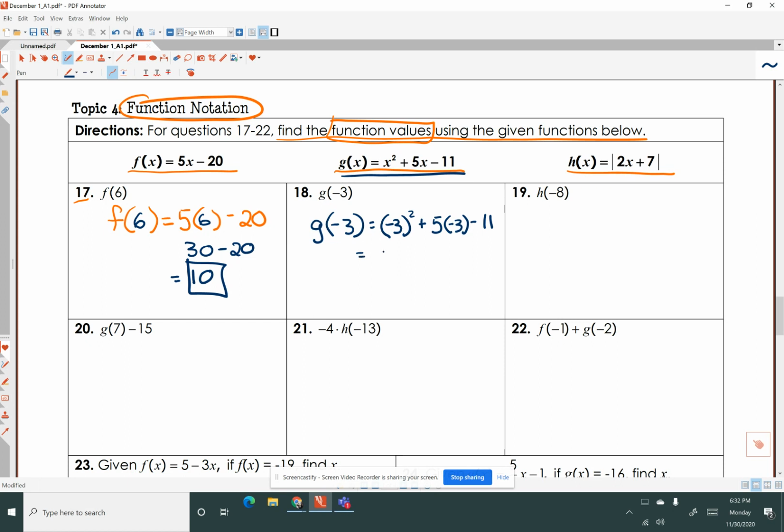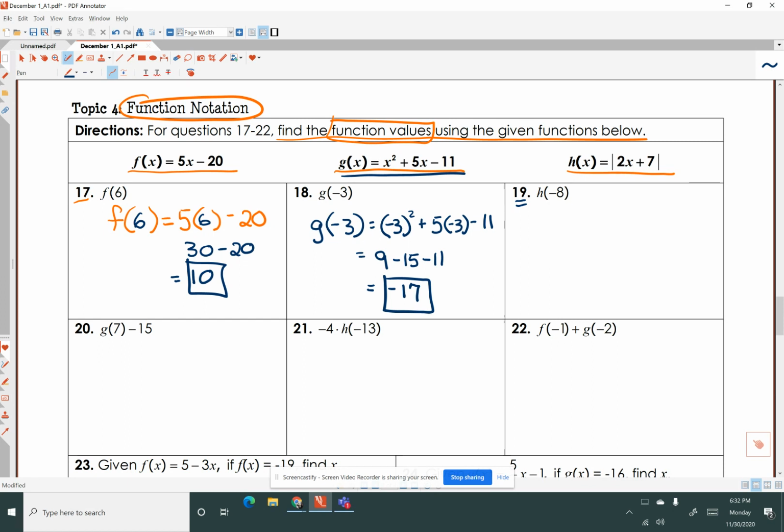Negative 3 times negative 3 is 9, minus 15 minus 11, and all of that equals negative 17. Okay, notice how I boxed the answers.